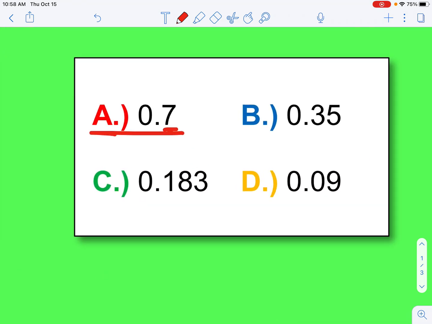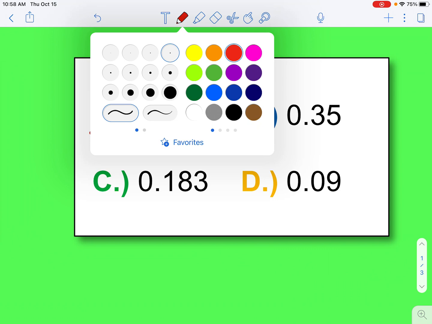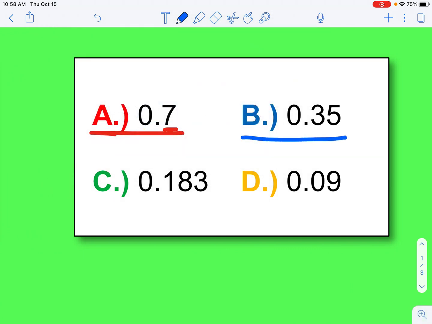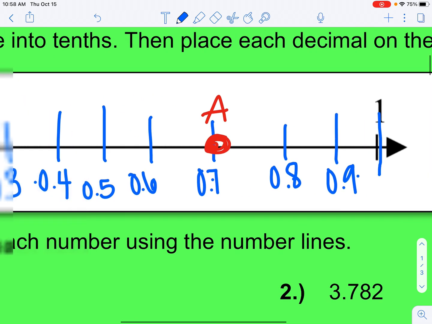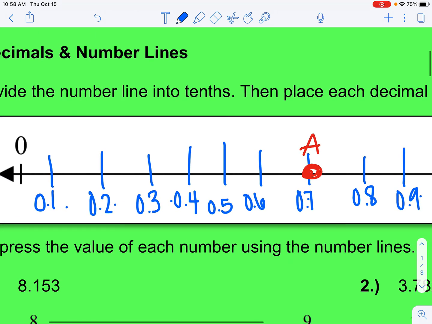Okay, let's look at the next one. Letter B is blue, so get your blue color out. Now this time I have 35, and this is the tenths place, this is the hundredths place. So I have 35 hundredths. Okay, so if it helps so that you don't need to keep moving back and forth, you can write it up here, 35 hundredths.